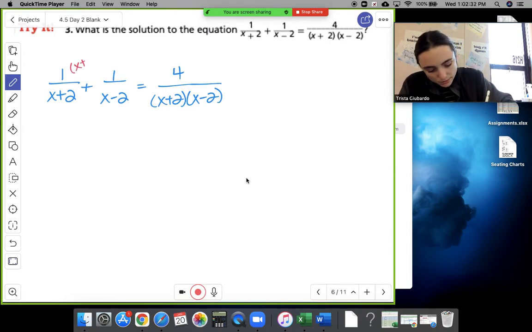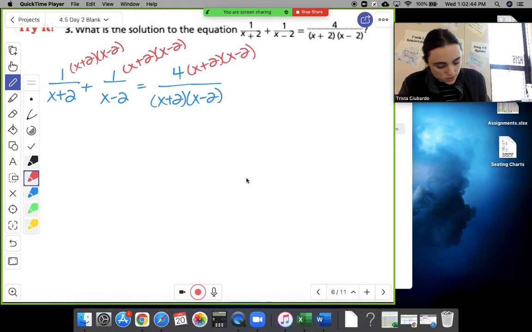So again, I'm going to multiply it by each fraction. I know it's mildly tedious doing this step. Please actually do it because it will help you from making mistakes. All right, so if we look, the x plus 2 cancels the x plus 2, x minus 2 cancels the x minus 2. This one, the x plus 2 and x minus 2 all cancel.